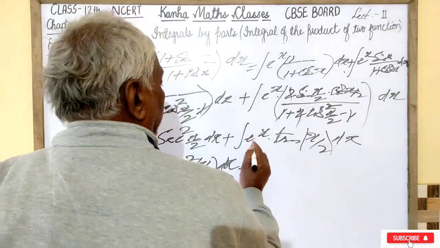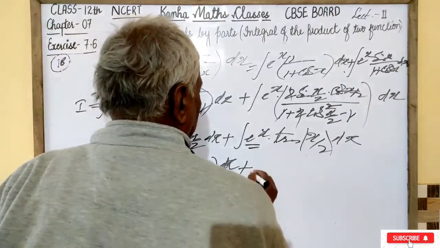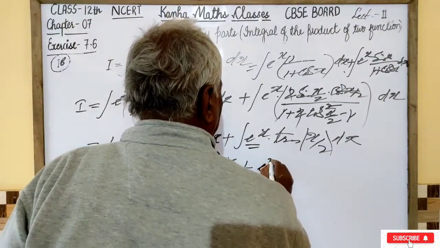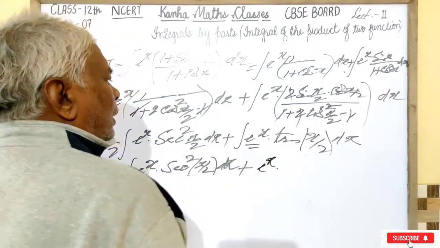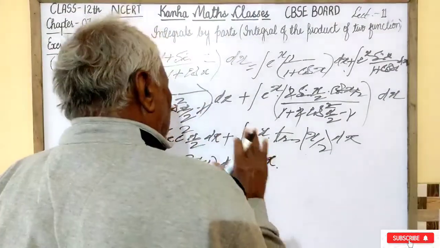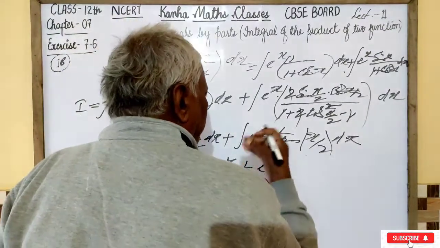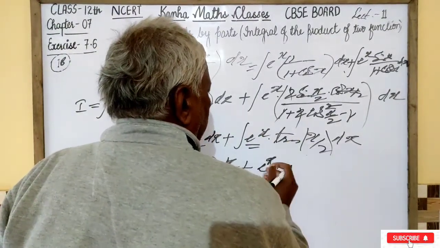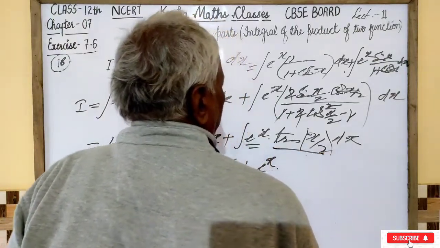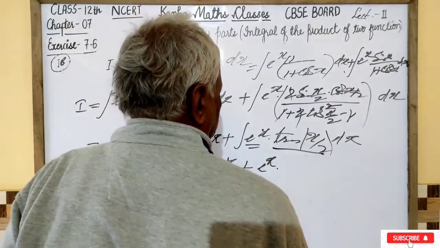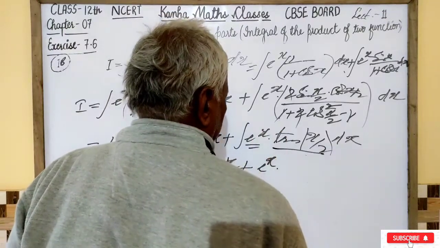In this we will take e^x as first function. I may integrate this function as taking tan x by 2 as first function and e^x as second function.